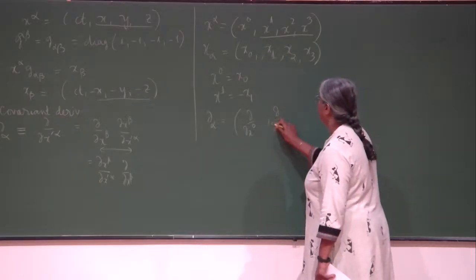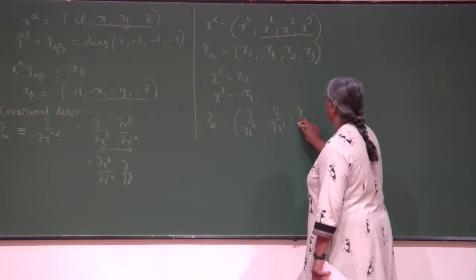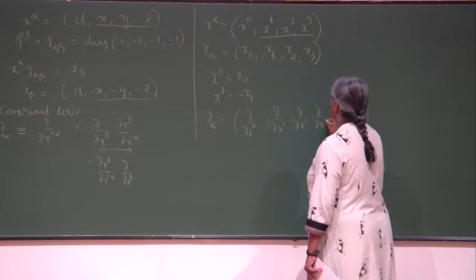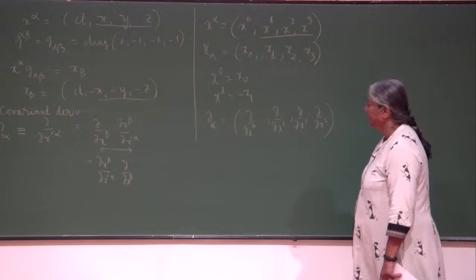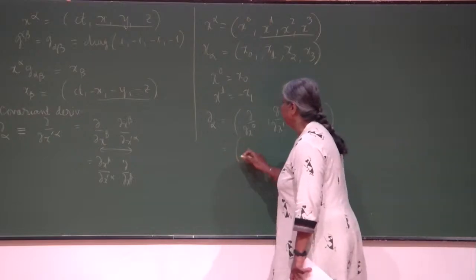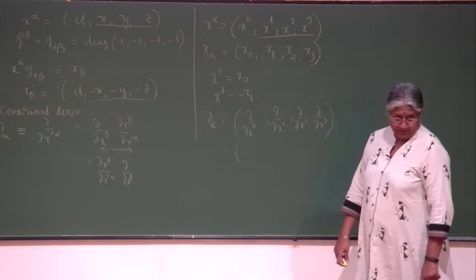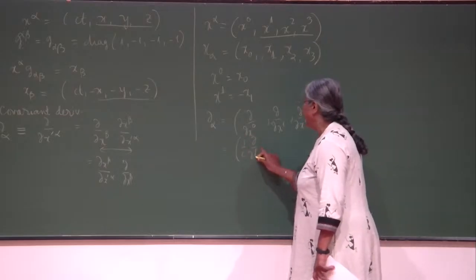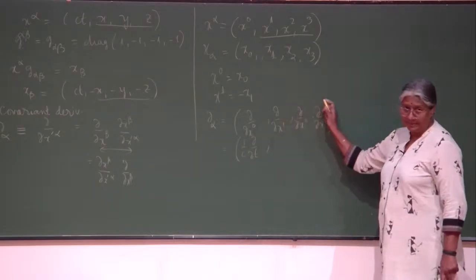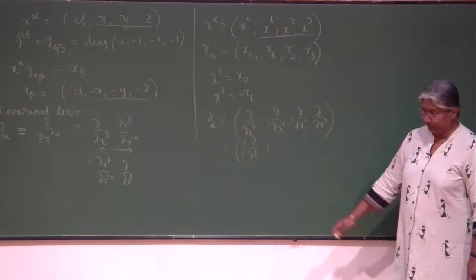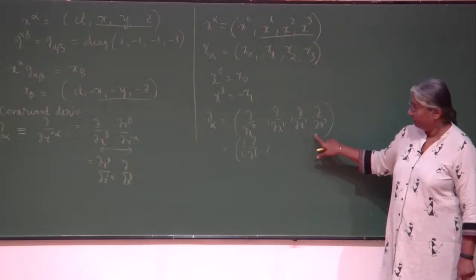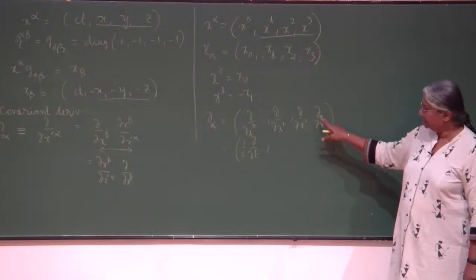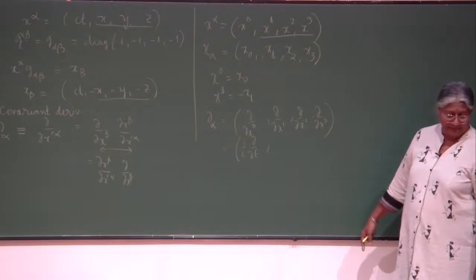D by dx0, d by dx1, d by dx2, d by dx3. So this is what I missed out yesterday, it's very important. So you can see that I can call this x0 is c dt, right? So this is 1 by c d by dt, and what is this remaining part? What are upper x1, x2, x3?